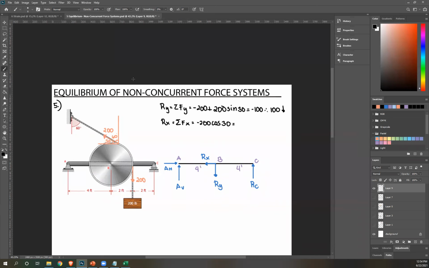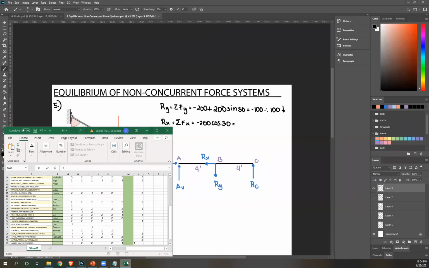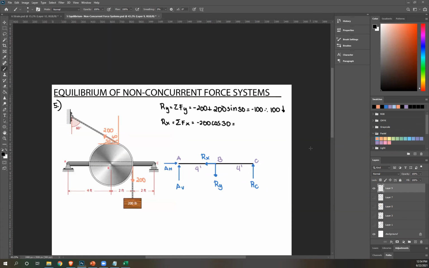It's negative 173.21, and that just means it's 173.21 pounds to the left.